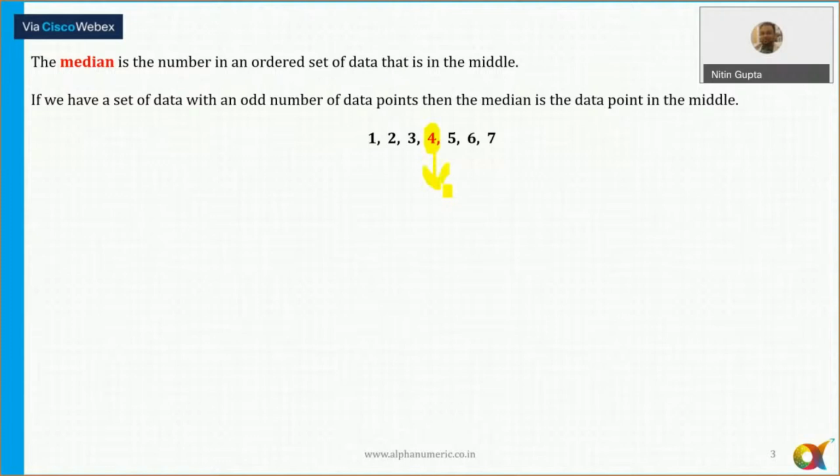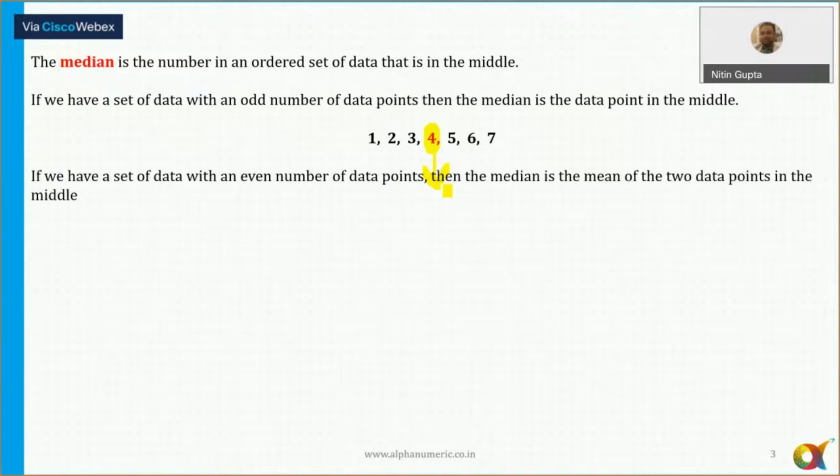However, if the number of terms is even, for example, instead of 7 terms, if there are 10 terms or maybe 20 or maybe 30, in that case there will be 2 terms which will be the median, the 2 middlemost terms. For example, let's say 1, 2, 3, 4, 5, 6, 7, 8. So the number of terms is 8. The 2 middlemost terms are said to be the median.